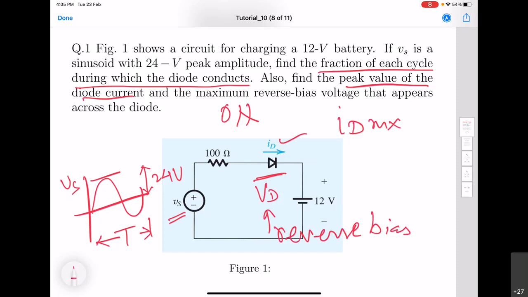So these are the three things we have to find out. So try to find out these three things.